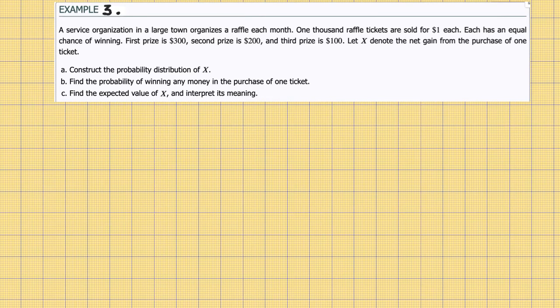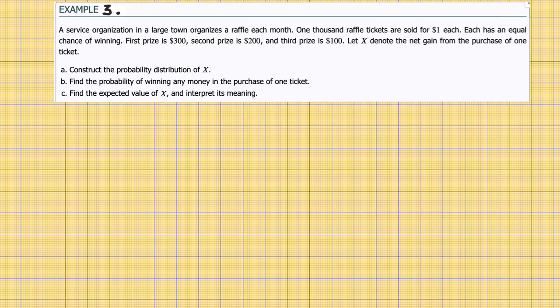Let X denote the net gain from the purchase of one ticket. A. Construct the probability distribution of X. B. Find the probability of winning any money in the purchase of one ticket. C. Find the expected value of X and interpret its meaning.